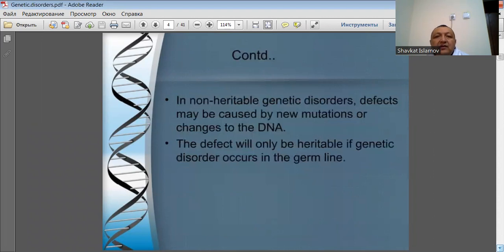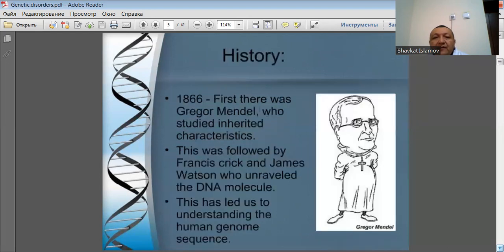In non-heritable genetic disorders, disease may be caused by mutation of deoxyribonucleotides. The defects will only be heritable if the genetic disorder occurs in the germline.